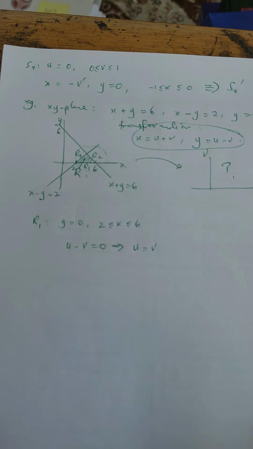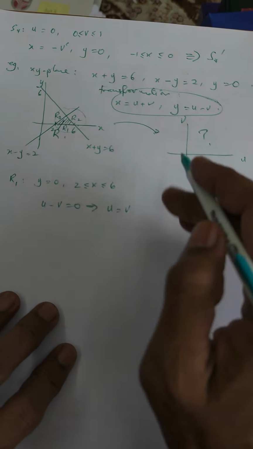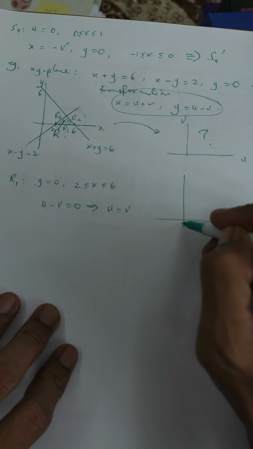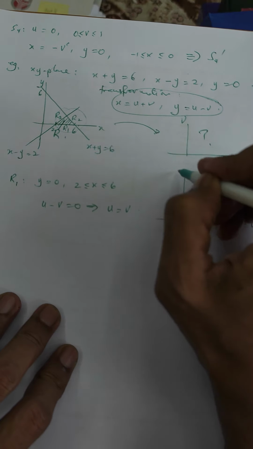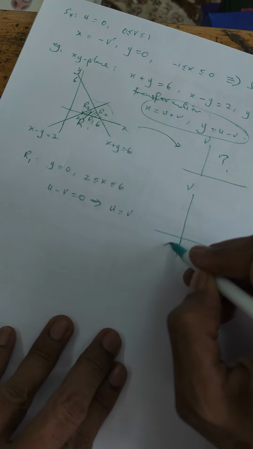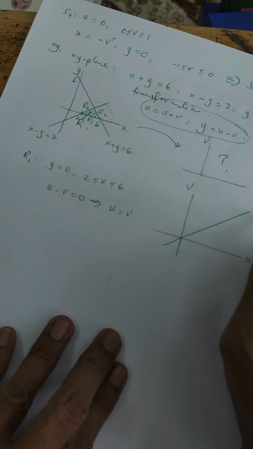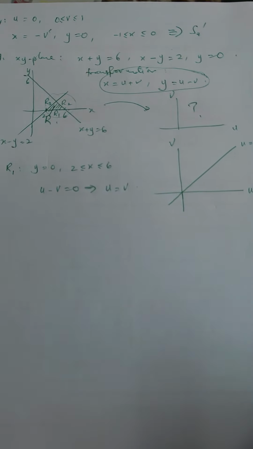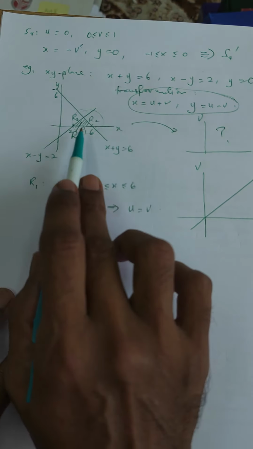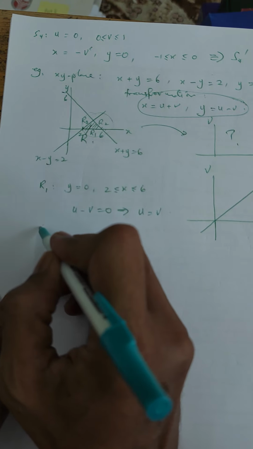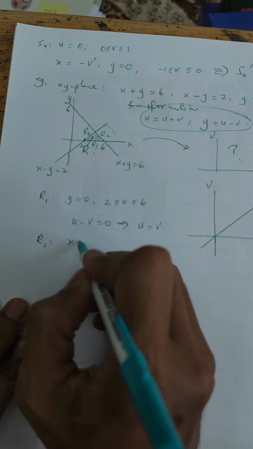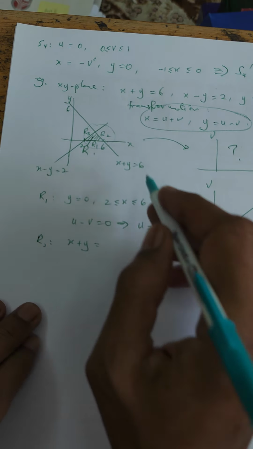From there you can solve those things. On the uv plane, this is u, this is v, and we have the line u equal to v. Then consider R2, given as x plus y equal to 6.